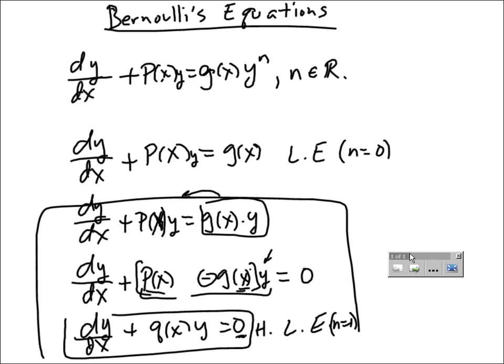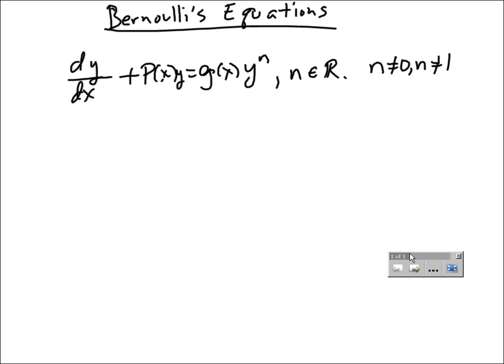So basically, we want n not to be 0 and n not to be 1 to use the technique of Bernoulli equations, because we don't need any new techniques otherwise. Bernoulli has a substitution that converts these nonlinear differential equations into linear ones.